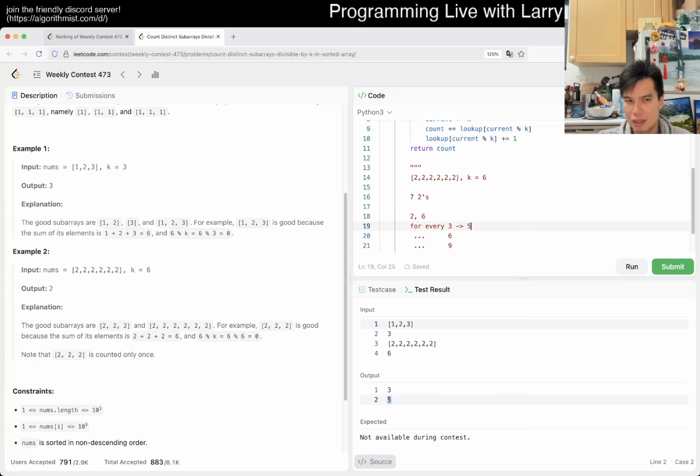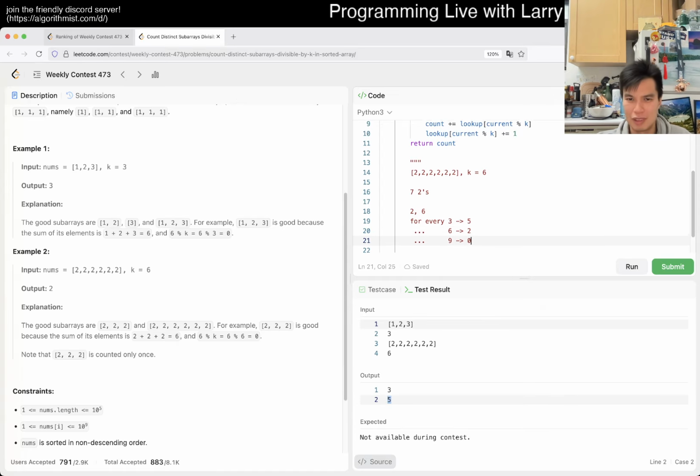Every 6 we have 2, and then 9 we have none. So then you have this sequence. It's doable, it's just weird. Really hard.